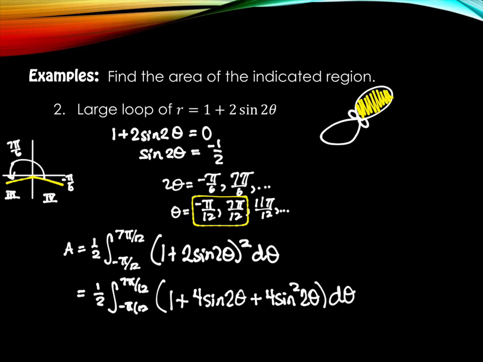Okay? It's foiling. Perfect square trinomial. But of course the problem, well, I can take the antiderivative of the 1 just fine. I can take the antiderivative of the 4 sine 2 theta just fine. This square one is my problem, right?